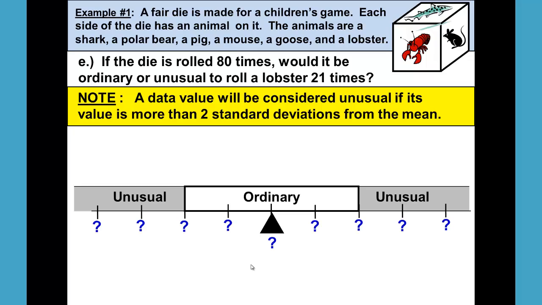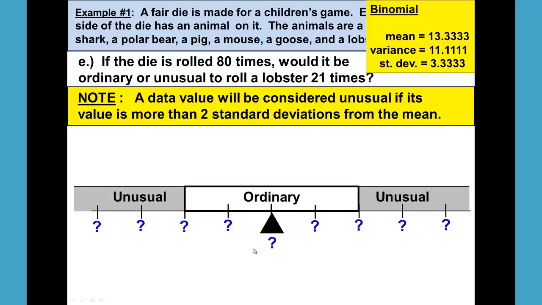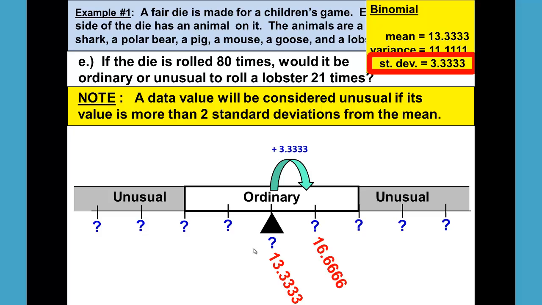Again, we want to mark our number line, and in the center we will place the mean. Our mean is 13.3333, and we'll place that there in the center. Our standard deviation is 3.3333, so each jump is 3.3333.